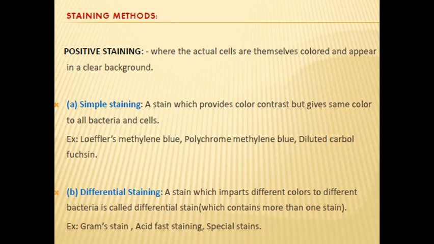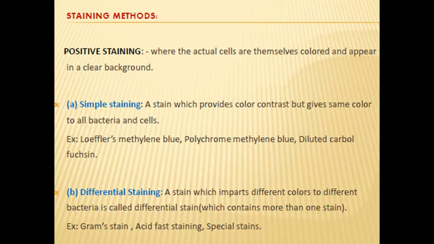And that's why in differential staining, when we observe the specimen under the microscope, you can observe that some cells have a specific color, for example violet, and in the same slide some bacterial cells appear pink.